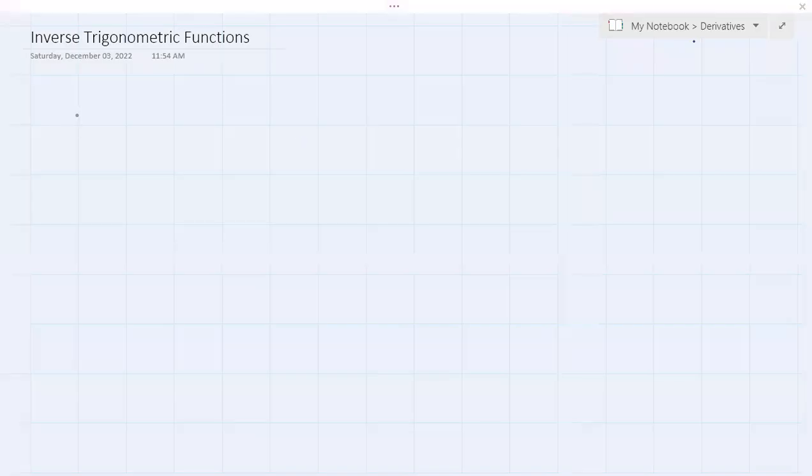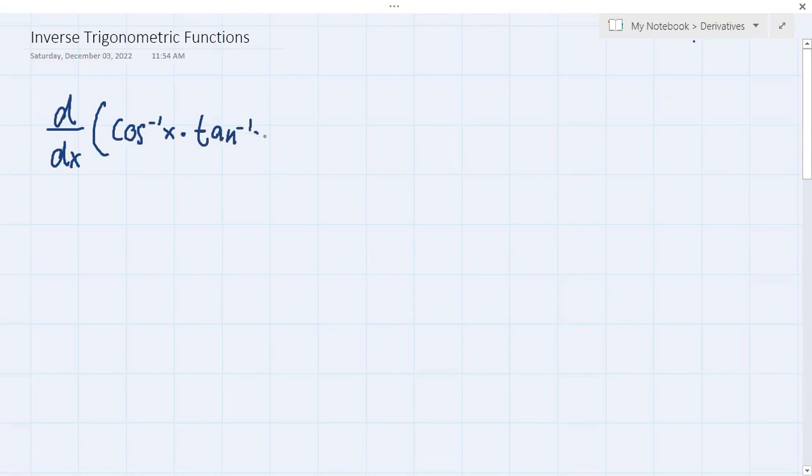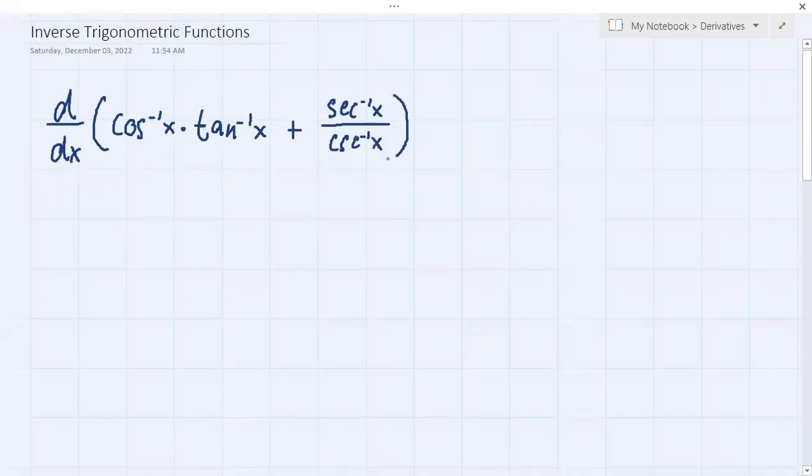Dito naman, we have the derivative of arc cosine times arctangent plus arcsecant all over arc cosecant. Okay?